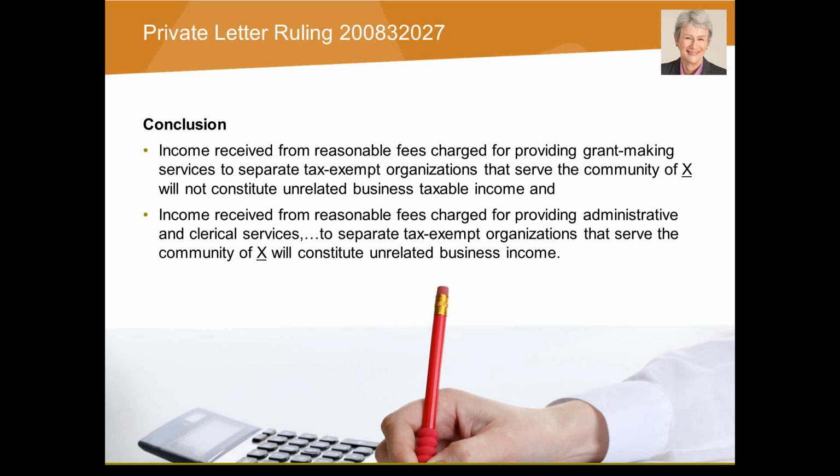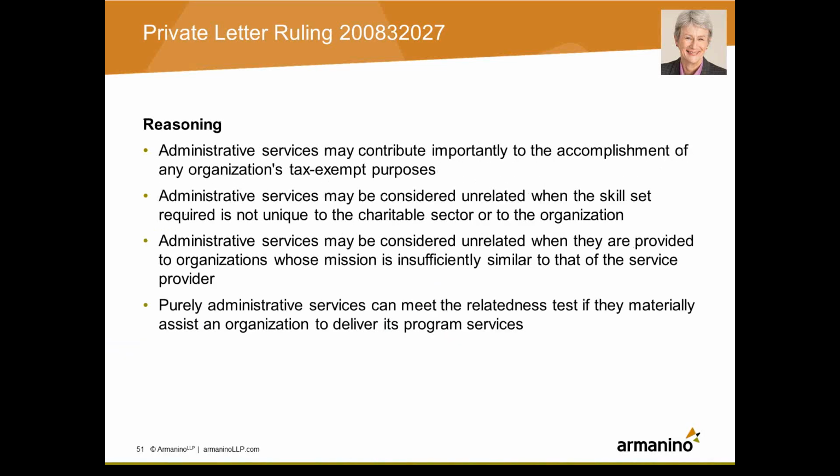But what is really good about this private letter ruling was not so much the outcome, but the discussion. So all of the prior rulings and the regs are cited in this letter ruling, and you can really get your head around this whole topic with this PLR. So we'll make sure that we send that out to you.